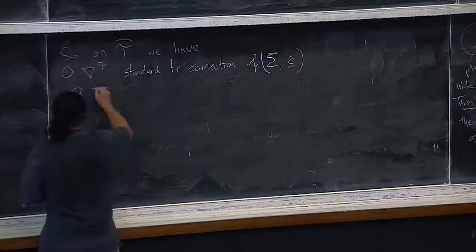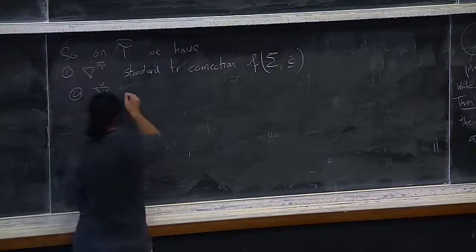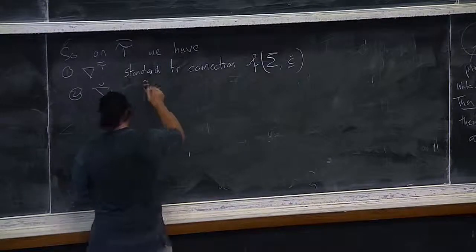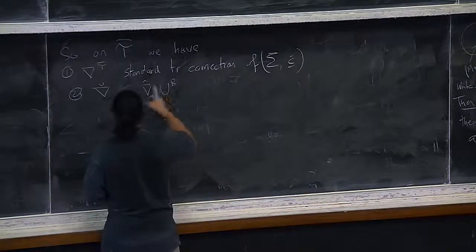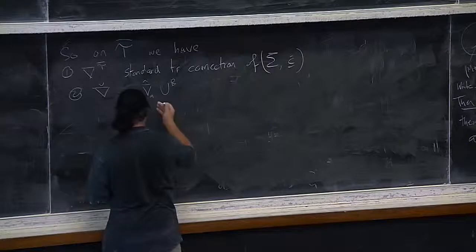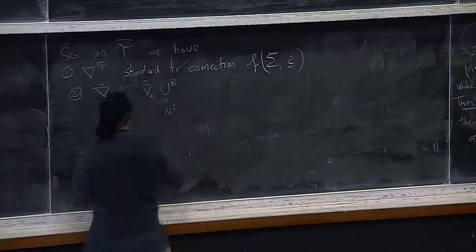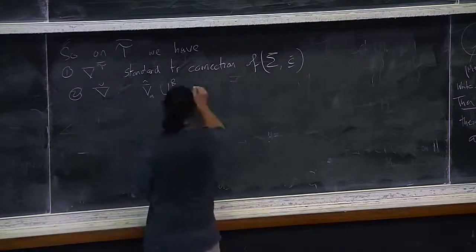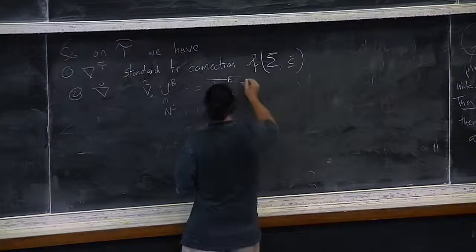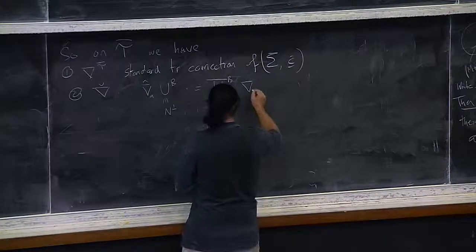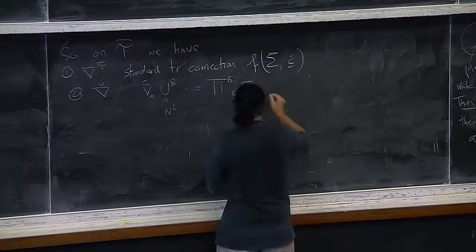And two, we have this kind of check version of a connection, which is defined by, when we apply it to some tractor, this is really a tractor in T bar, but we're going to think of it as an ambient tractor orthogonal to N. So this is in N perp. And this is defined to be equal to the tractor projection of the ambient tractor connection in the tangential direction. Like that, if you like.